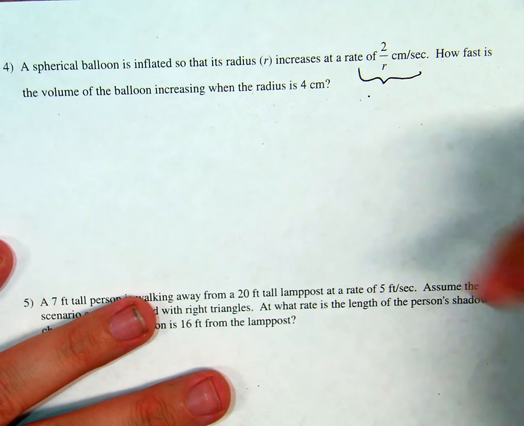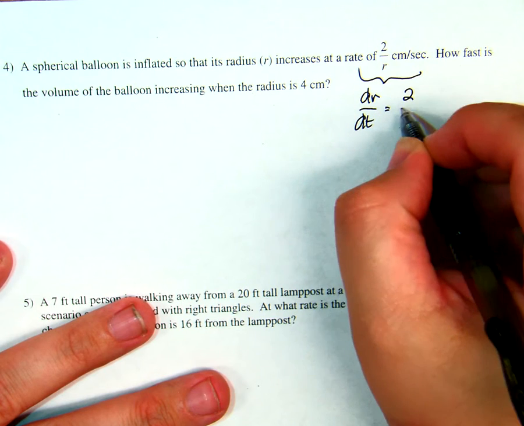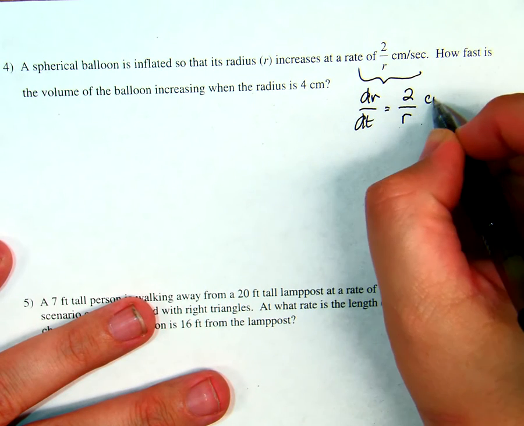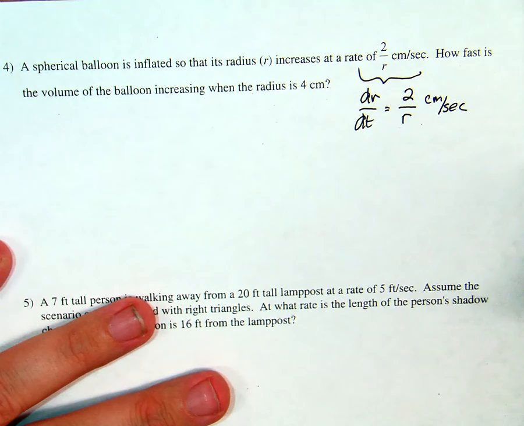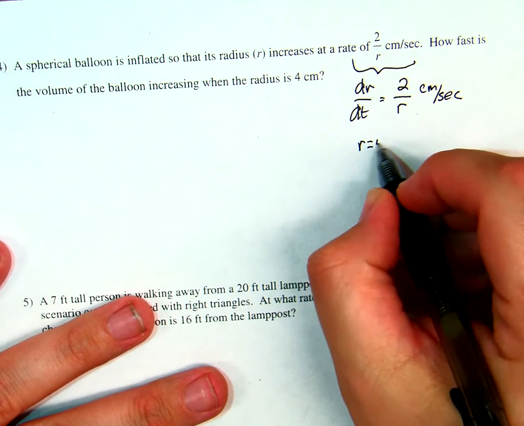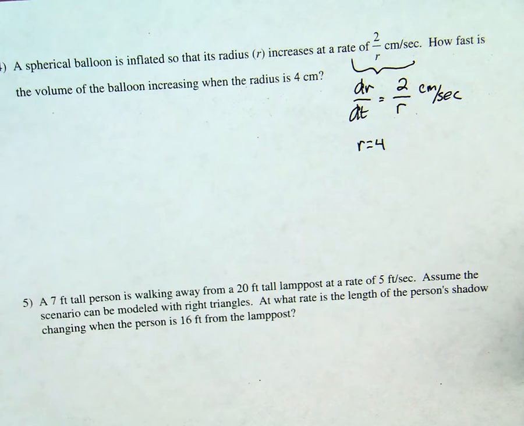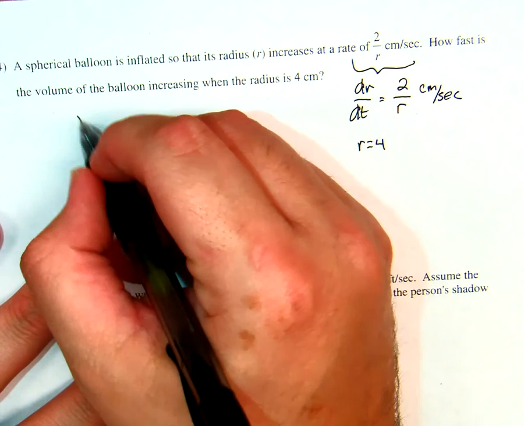That's equal to 2 over r centimeters per second. And it tells me that r is going to be equal to 4 in the equation. So now I need to know what the volume of a sphere is. So, anybody remember what this is?